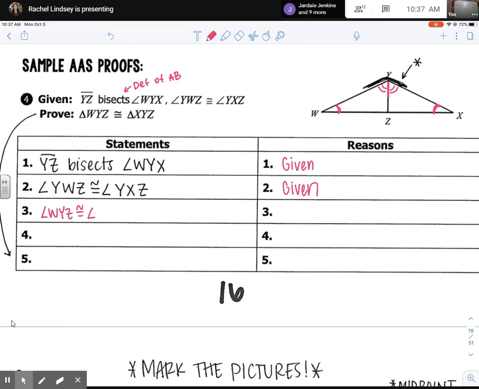XYZ. Because W goes with X, Y goes with Y, Z goes with Z. And I know it's that angle, XYZ. So I know those two angles are congruent. How do I know it? Definition of angle bisector.